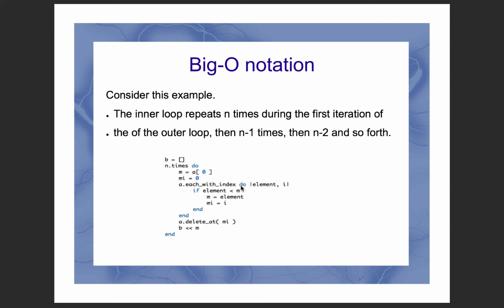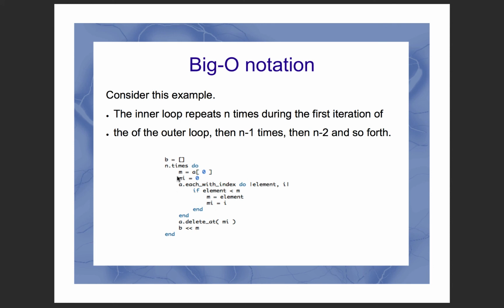So when it removes one element, the second time it will not run n times, it basically runs n minus 1 times, and the third time it will run n minus 2 times, the fourth time n minus 3 times. That basically says that the last for loop does not run n times every time. So you cannot say this program will run n into n, n square times, because it's not an exact solution.